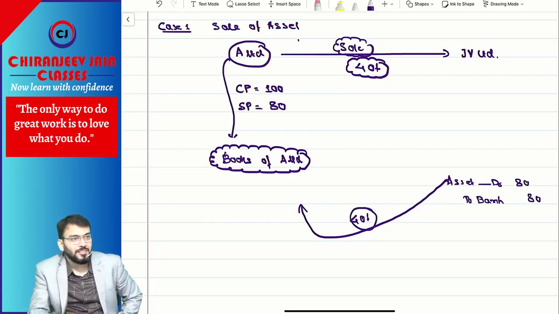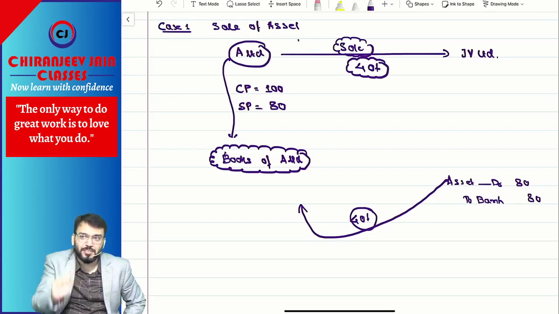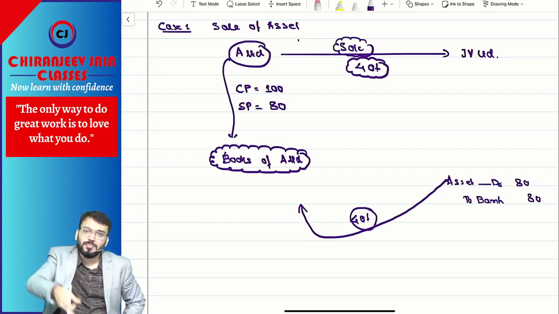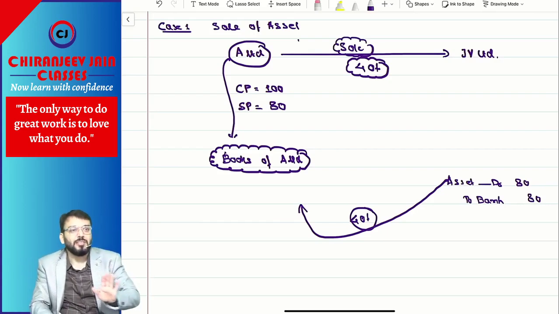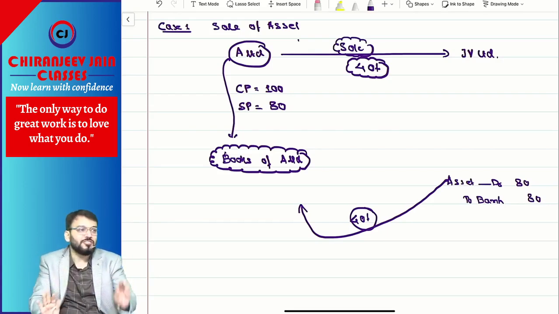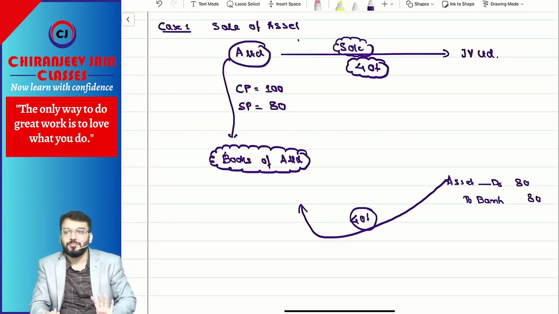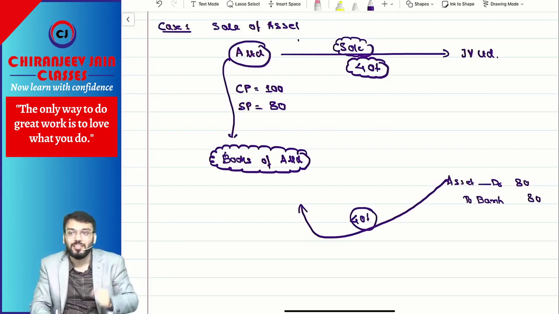Yes or no? Because automatically 40% will come. Means as per substance of this transaction, A Limited has sold only 60%. So they should only recognize gain or loss to the extent of 60% only. Means they should not recognize any gain or loss for their own share.